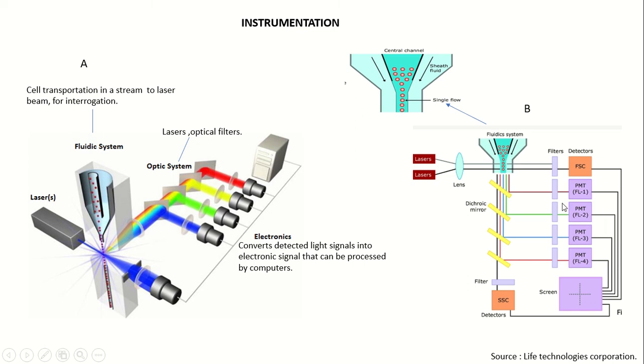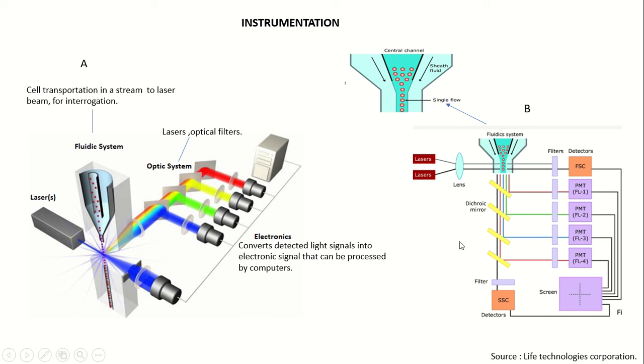So electric current is generated proportional to the light intensity, finally converted into digital signal, and comparative analysis can be done with all these parameters. So these are the three different components of flow cytometry instrumentation.